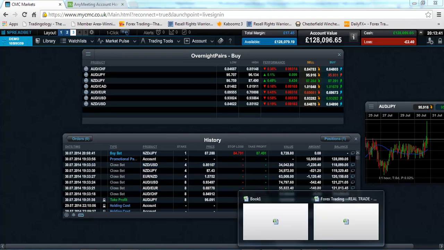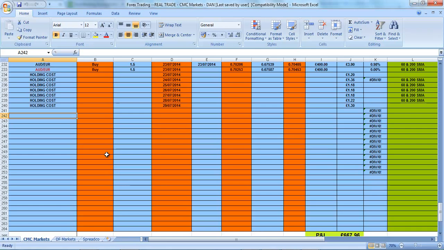So we put in NZD JPY, and we bought, so we put in the next line as buy, and then the stake that we went in was 1, so we put in 1, and then we put in today's date, which I believe is the 30th of July 2014.